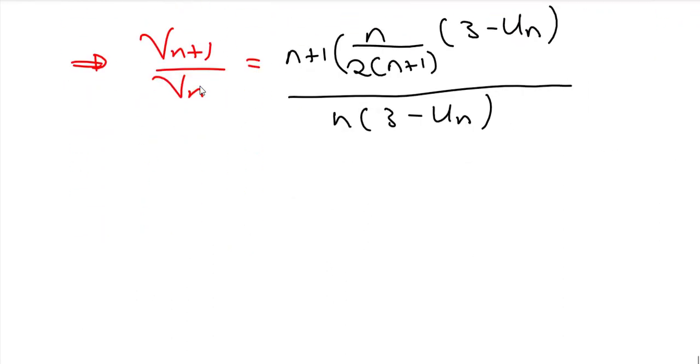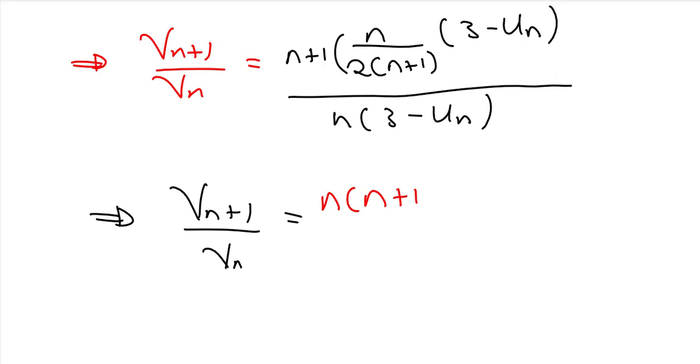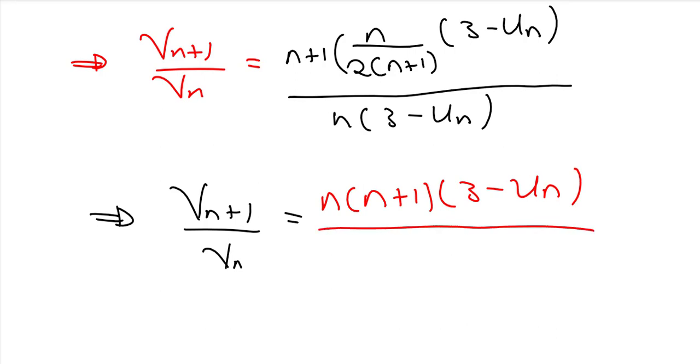Now let's rewrite this in a way that cancellation will be evident. This will be, now n plus 1 times n is n into n plus 1 into 3 minus un. Now what is on the denominator? 2 into n plus 1 will multiply this denominator. So we have 2 into n plus 1 times that n into 3 minus un.